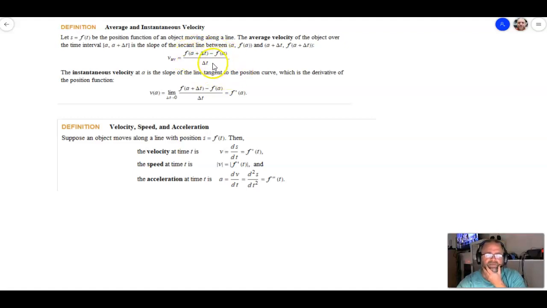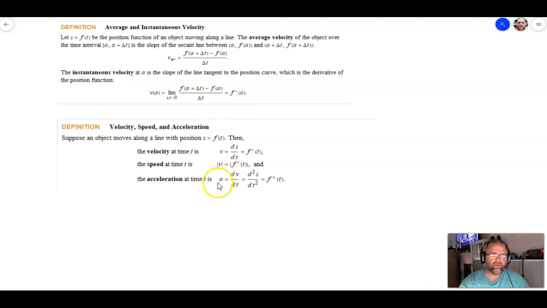This is how we can define the average velocity, and you just take the 2 points. There's a couple of different ways to do it, but this is one way. Then we can define instantaneous velocity as the delta t, or that distance between our independent variables, gets smaller and smaller as it approaches zero. The instantaneous velocity, which would be the slope of the tangent line at our point A, would be equal to that. And we can also define that as the derivative.